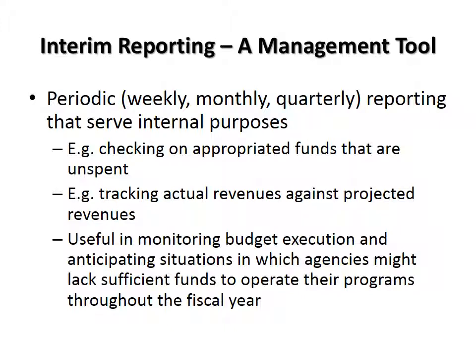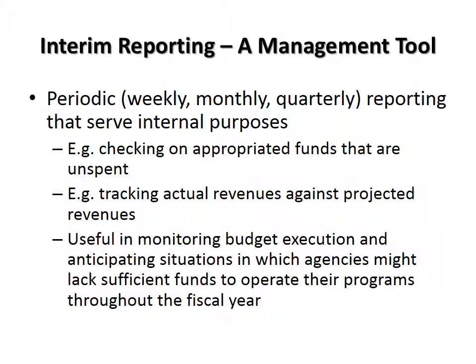As I mentioned in the previous slide, there are two types of reports. The interim reports, which are periodic reports that serve internal purposes, and annual reports, which are issued on an annual basis. For interim reporting, periodic reports may be issued weekly, monthly, or quarterly and are intended for managerial or internal audiences.